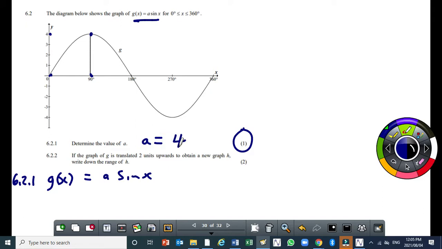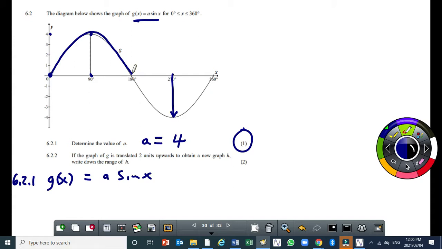It is also this distance. Or you can do a calculation if you want: y max minus y minimum. Since we are starting with a maximum turning point, it means the value of A must be positive, because the graph is starting from the origin there, and then it starts with y values that are positive. So because of that crest, A is going to be positive.